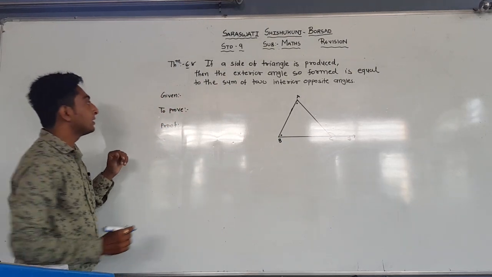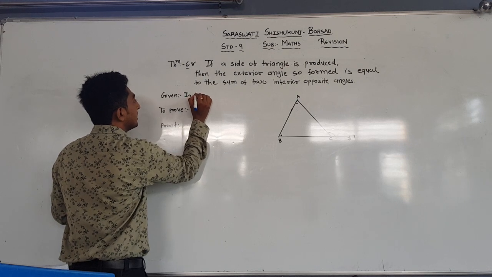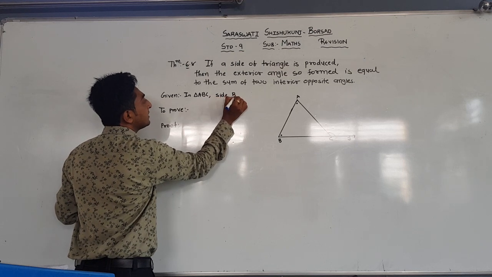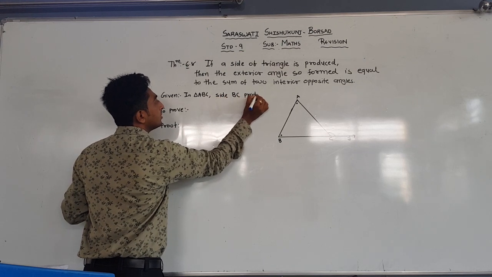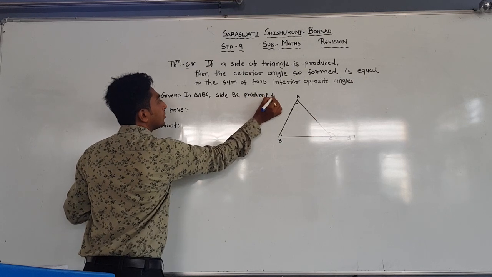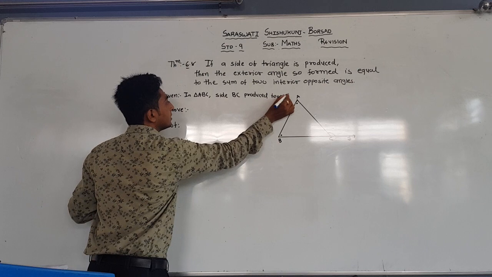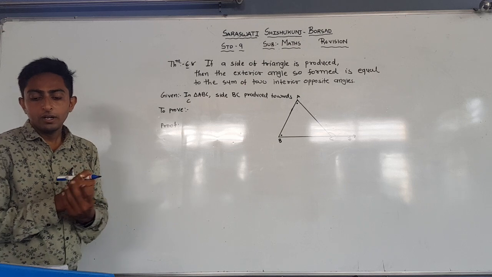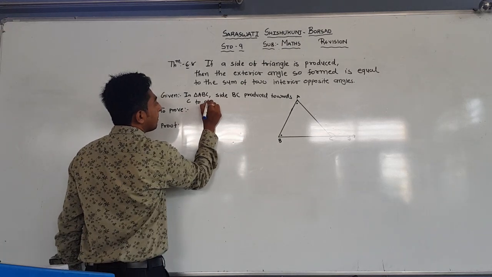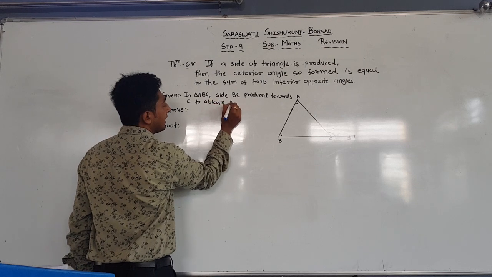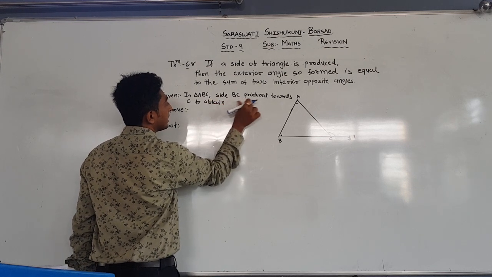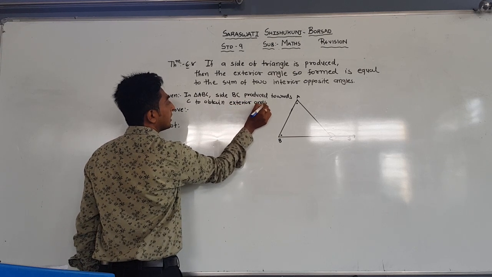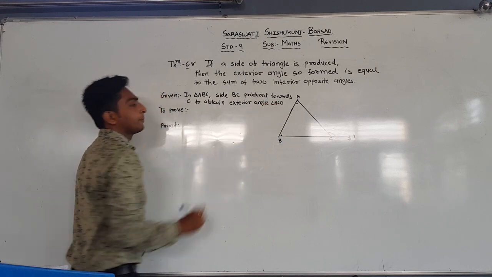So let me write the given statement: in triangle ABC, side BC produced towards C to obtain exterior angle ACD.